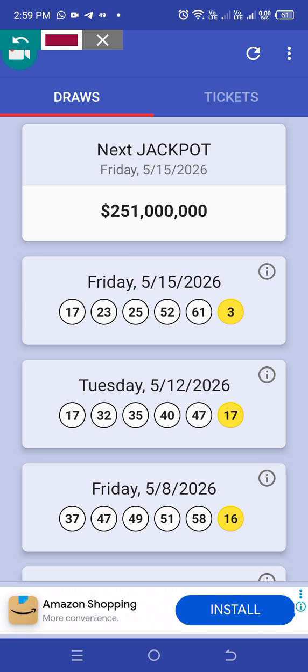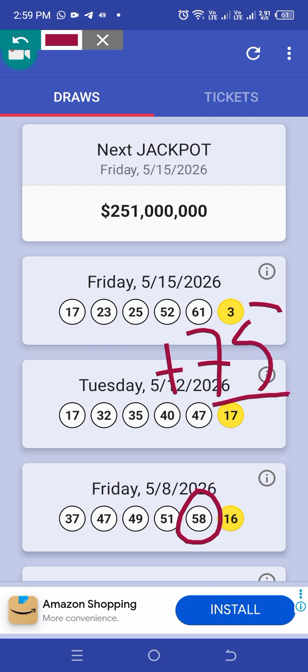The other method, which gave me 23, you take the last number plus 75. 75 is the total number of the draw, 70 plus 5. 70 plus the main is 35. So 75, when you add 58, it gave us 133.